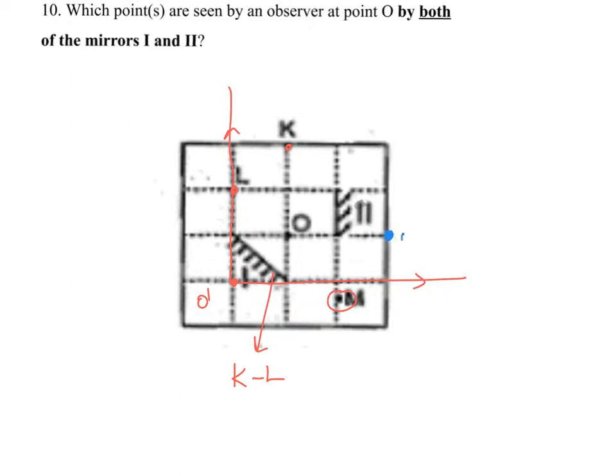Take the symmetry of the observer, draw two lines to the edge of the mirror. So you see that it is passing through K and L is between the two rays. So from this mirror, KL is observed. So from both of the mirrors, you observe K and L.